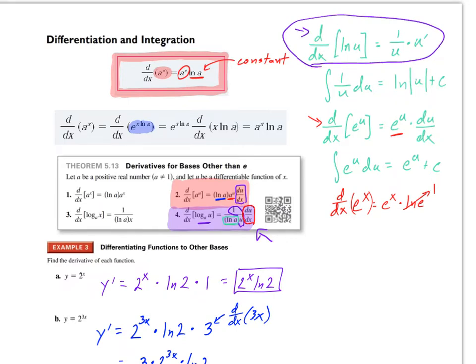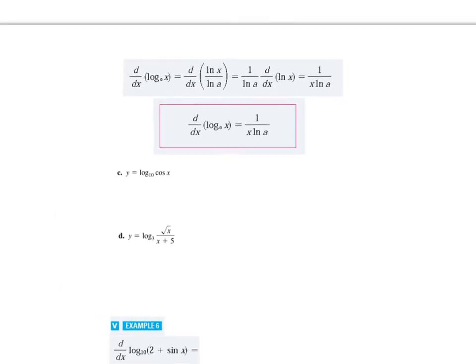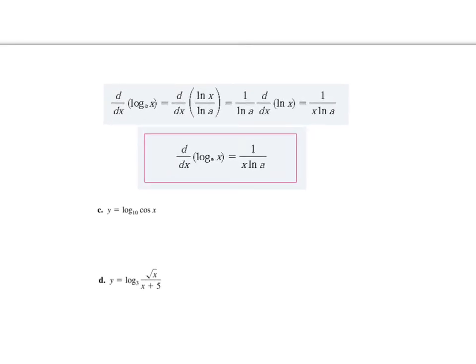Let's see why that is. We go on to the next page, which, by the way, is exactly the same as number 4 here. All right? And here is a very quick proof. We rewrite the general base a using the change of base property here, which you may or may not remember, I think we highlighted that on the second page of these notes when we were in class. This is the change of base property here.